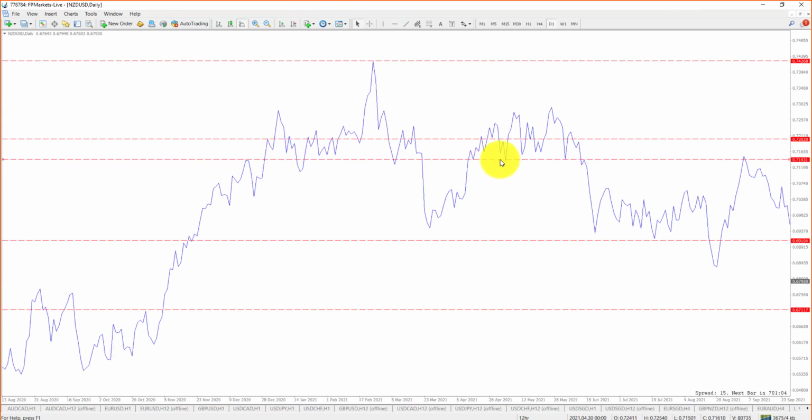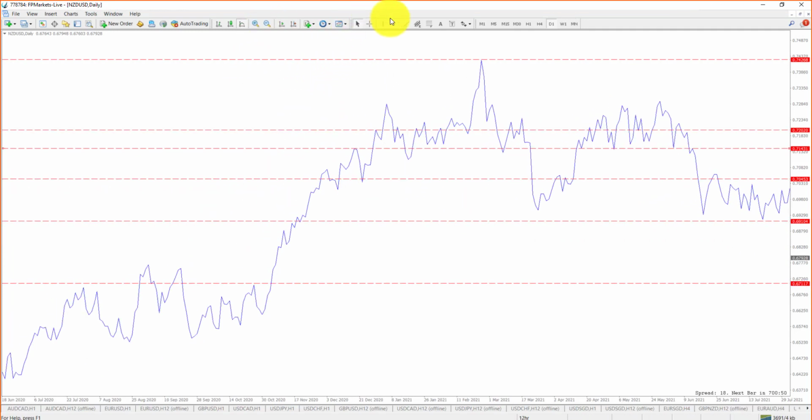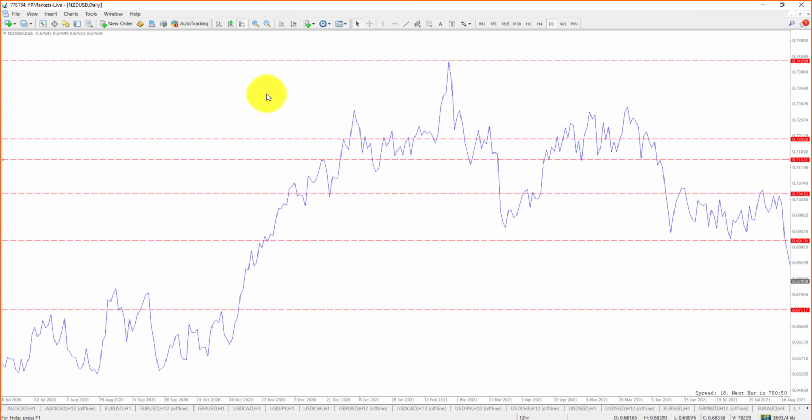Probably would draw one here, and probably one there. Also would likely draw one down here. All right, so that is where I would draw my support resistance levels, and probably also one up here.